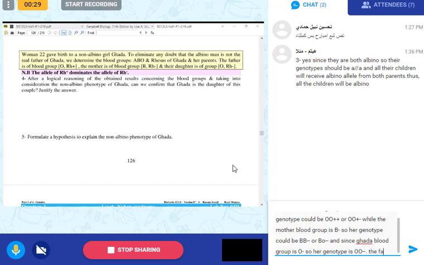So the father and the mother can both give Ghada O minus alleles, and Ghada will have O minus blood group.